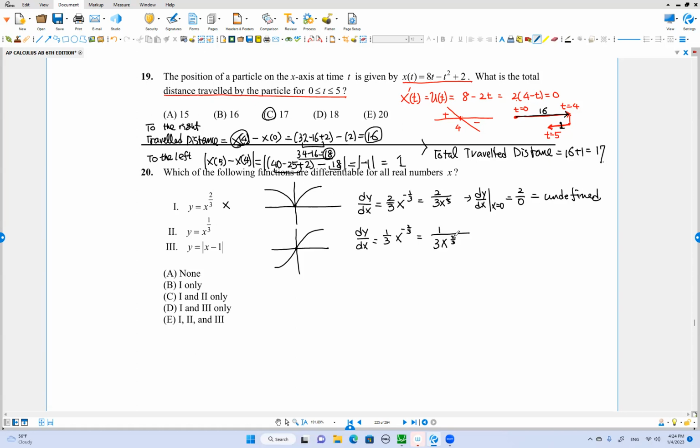Oh, still at x equals 0 that is undefined, right? Yeah, when x equals 0, that is undefined.